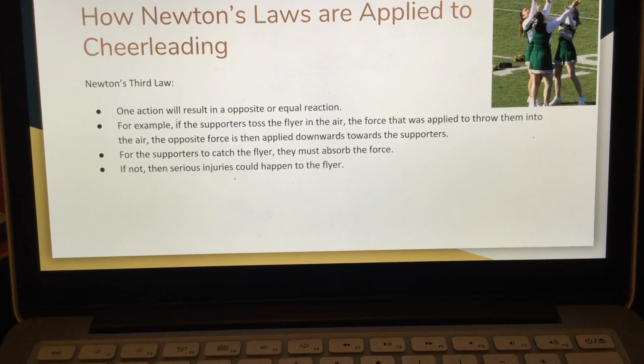So it comes with the concept of what goes up must come back down. For the supporters to catch the flyer, they must absorb the force with which they threw her upwards, so they can catch her downward force. If they do not absorb the force with which the flyer comes down, serious injuries could then happen to the flyer.